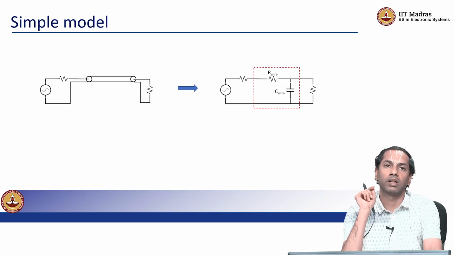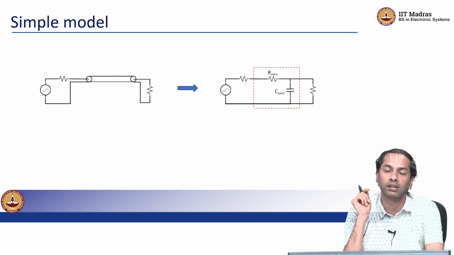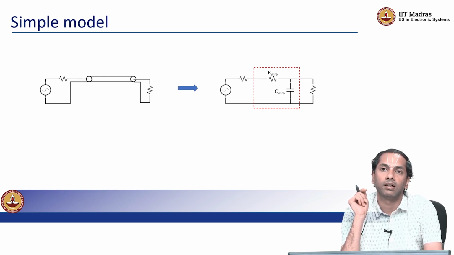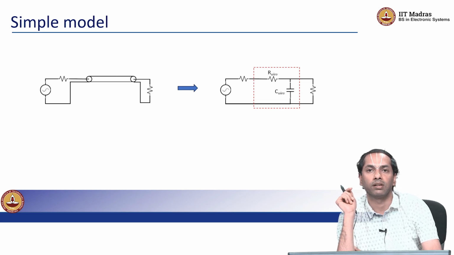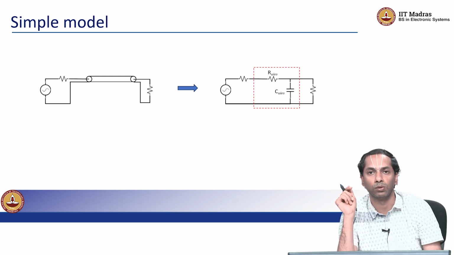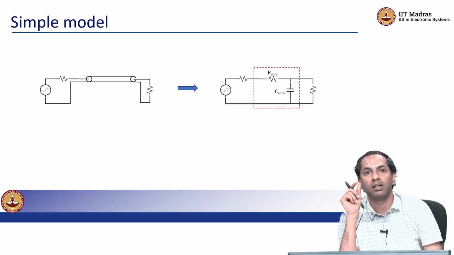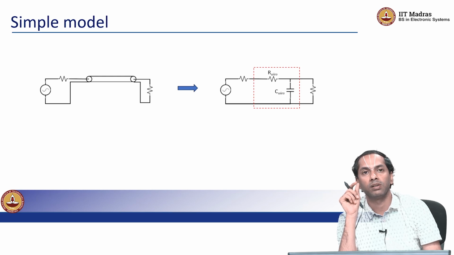So I am going to represent this transmission line as an ideal circuit containing a resistor to represent the resistance of the wire and a C to represent the capacitance between the two wires. This capacitance is essentially a stand-in for the electric field that is established between the two wires.